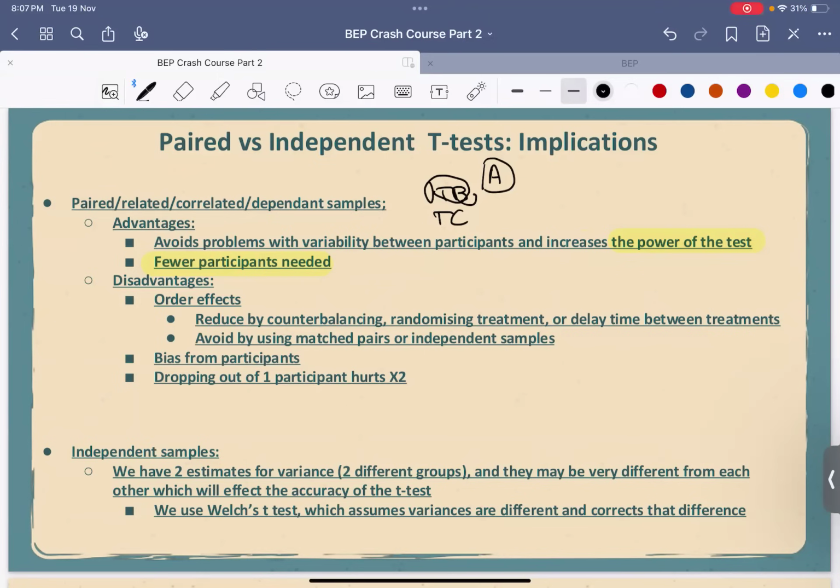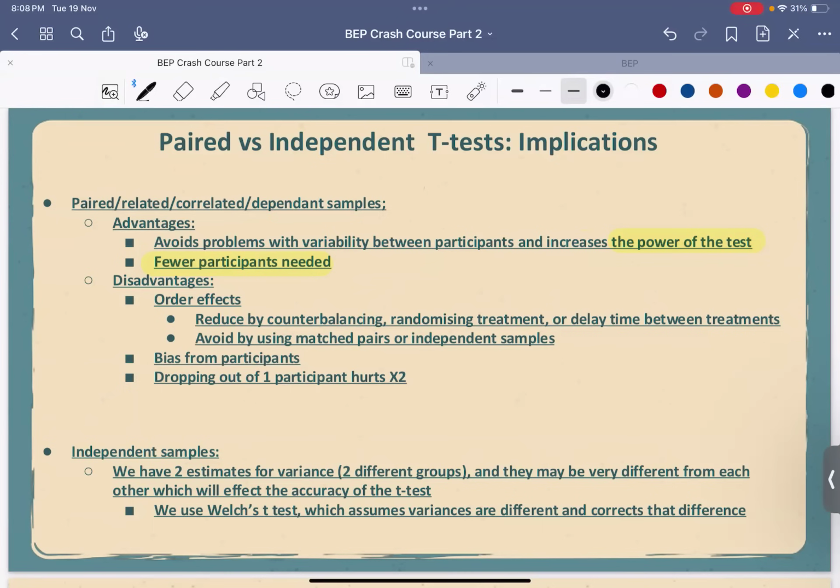Or maybe because the same participant is participating twice, they may get fatigued, and all of those things that happen to them in the first test might affect what happens in the second test, and that's called order effect. And that's the main disadvantage of the paired t-test.